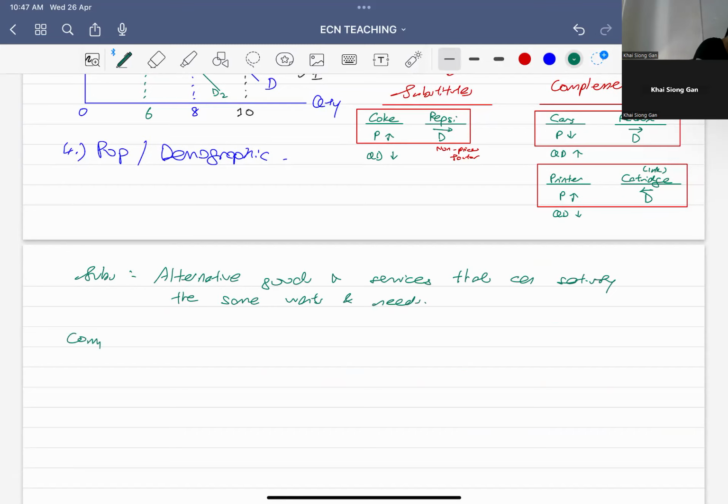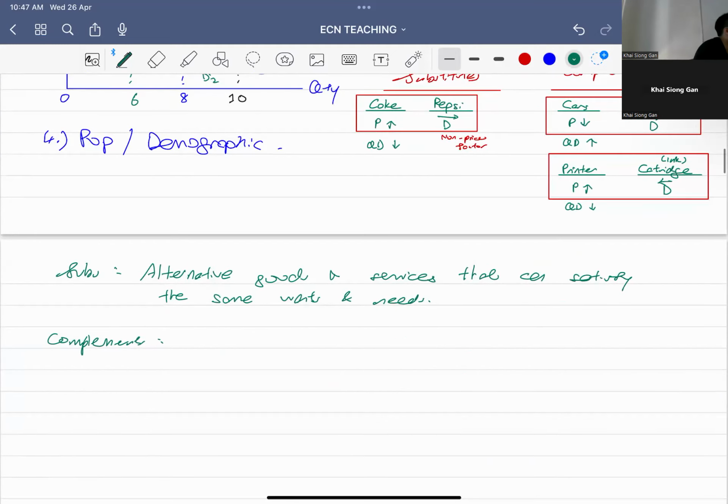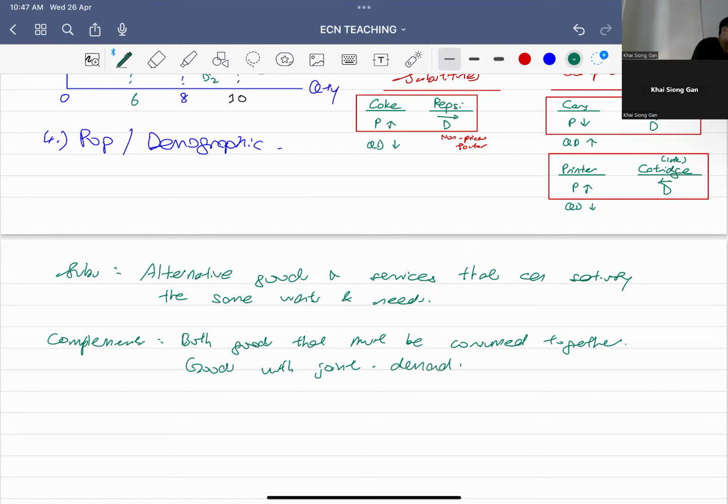Complementary goods: complements are goods that must be consumed together, or you can say goods with joint demand. Joint demand means the more you use product A, the more you use product B. You can write that as well.